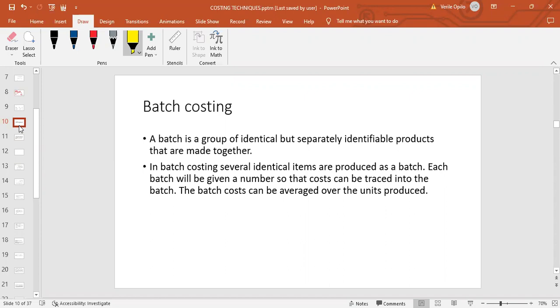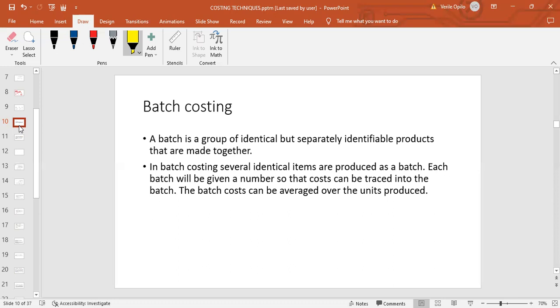So in the event that the company is producing identical items, and these identical items are not separately identifiable, then they can use what we call batch costing, whereby they say we will be producing these units in batches, and then we shall be computing the total cost in terms of the batch cost.